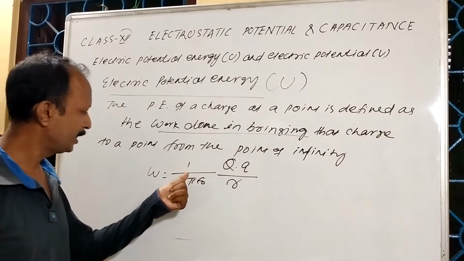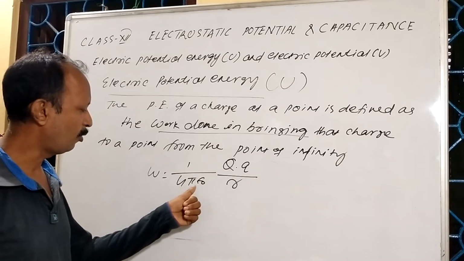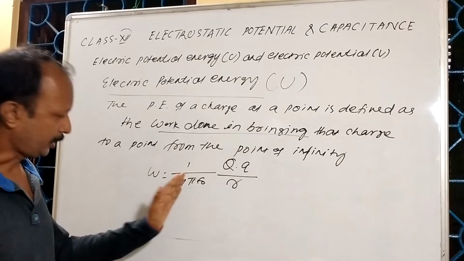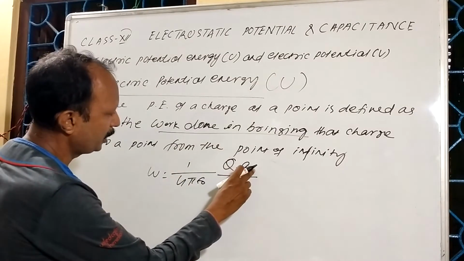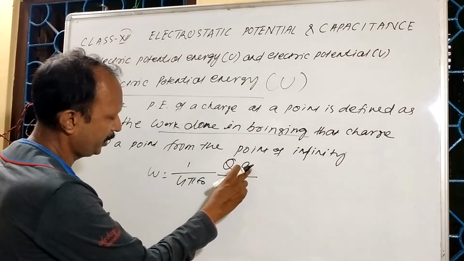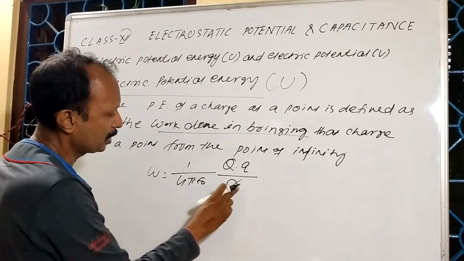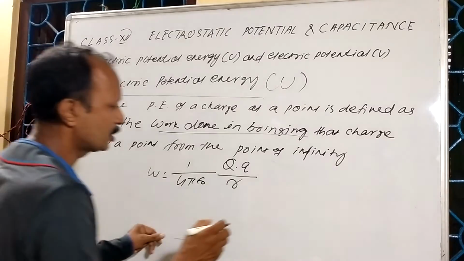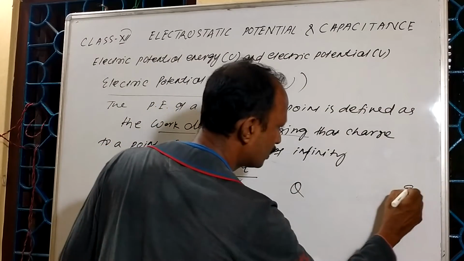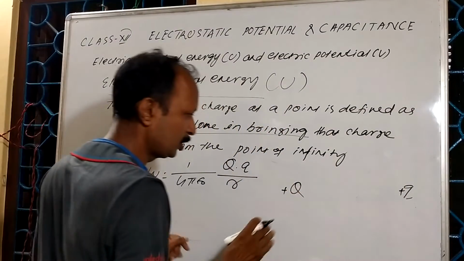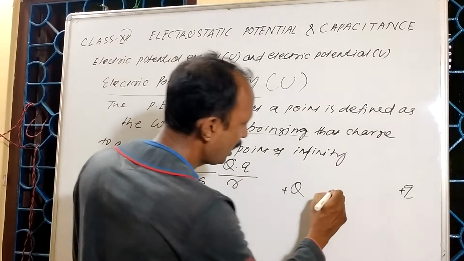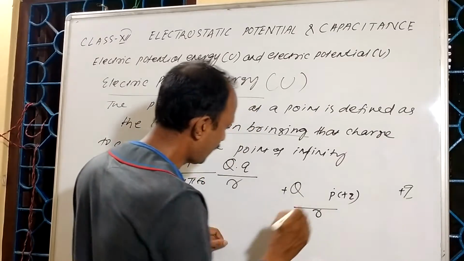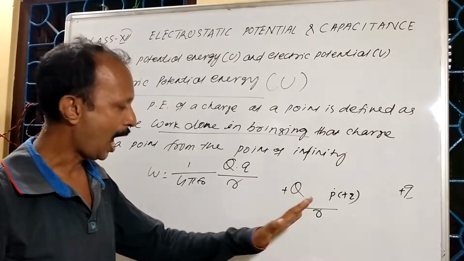So work done is equal to 1 upon 4 pi epsilon naught, or you can say K Q into q, the two charges, source charge and test charge. I brought it to the distance, that is small r. Now you see that this is Q, this is q, both are positive, so there will be a repulsion. I want to bring it to this point P. This distance I said is equal to r.